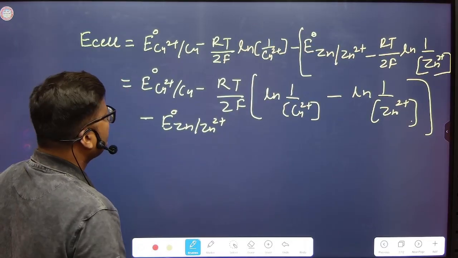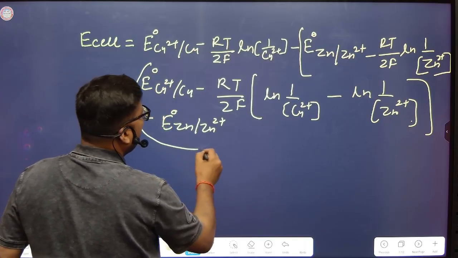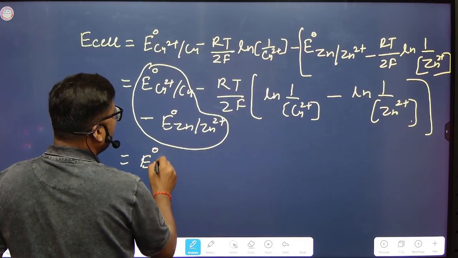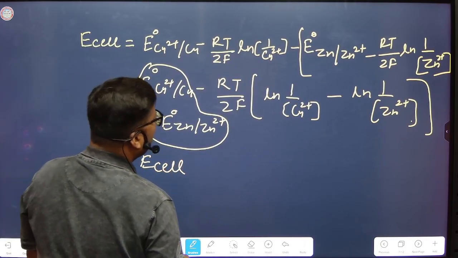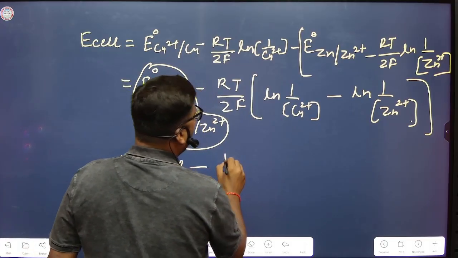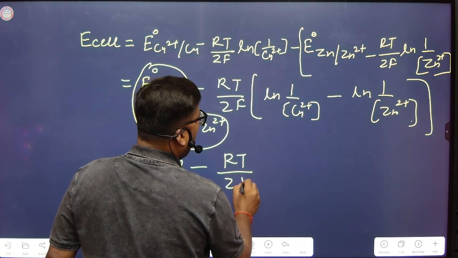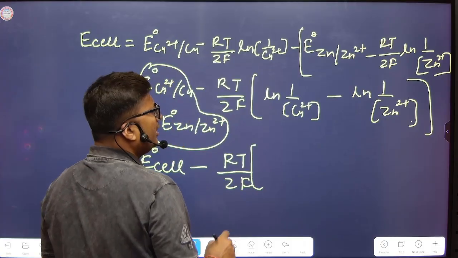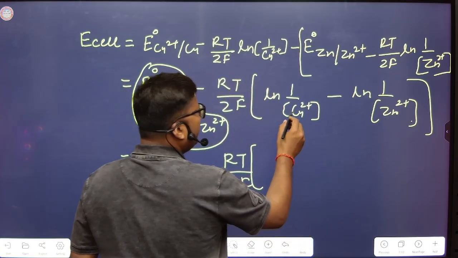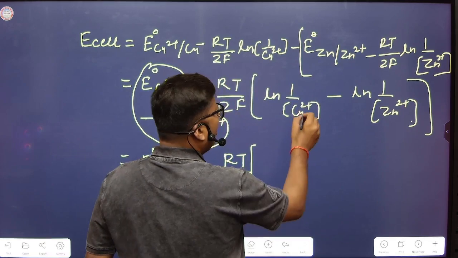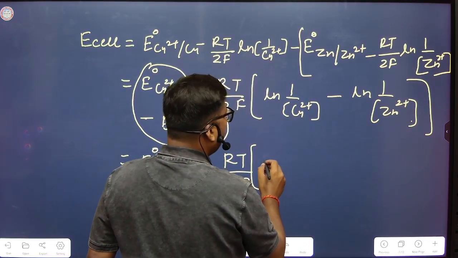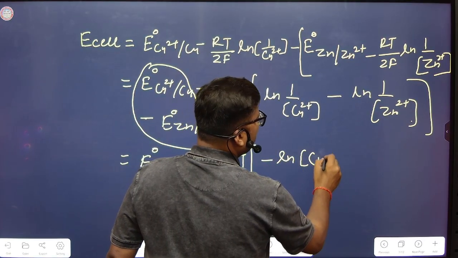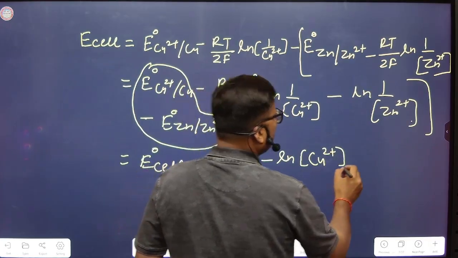So this value will be E0 cell, right? Minus RT upon 2F. So what happens here? If it is going upside, then it will be minus ln Cu2+, right?